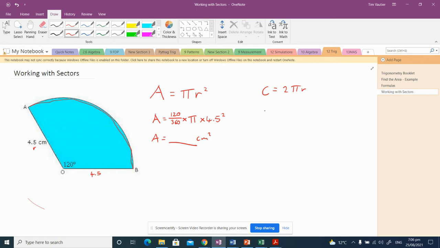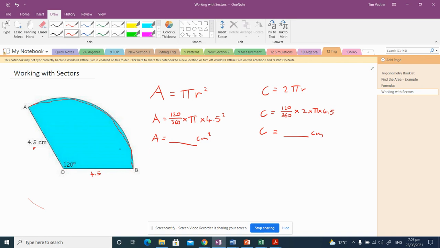Since we don't have a full circle, we've got 120 out of the 360 degrees of a full circle, that can be multiplied by 2 pi r, where r is 4.5, and then we could do that calculation, and that would give us this curved distance. All right, so hopefully that makes sense in terms of dealing with sectors.